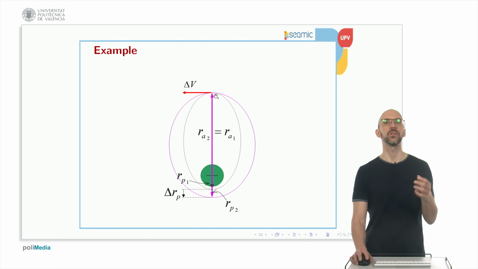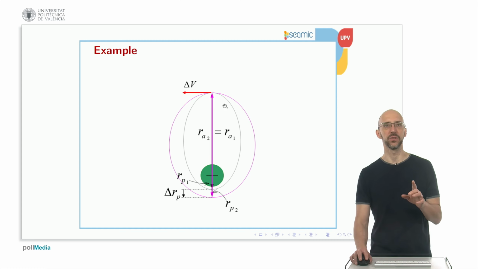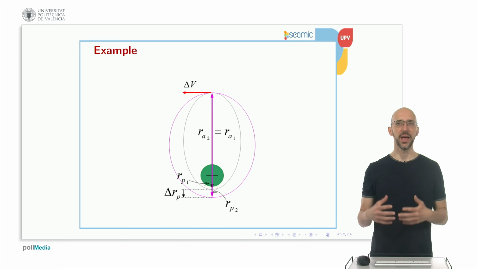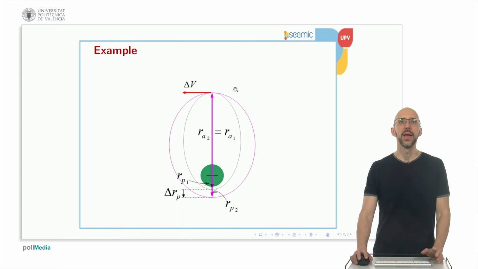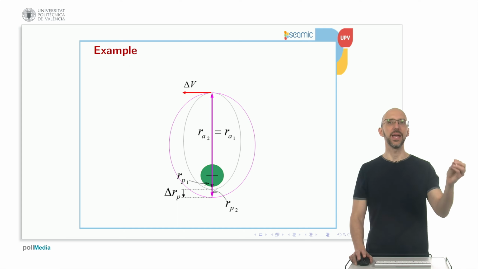And we will come back to this point exactly. Applying an impulse in here makes the perigee increase a little bit. By the way, we are moving in this direction, so the impulse I'm doing is exactly in the same direction the satellite is moving. So, we have the radius of the apogee for the initial orbit, the black one, and the pink one, the final orbit. The radius of the apogee is exactly the same, and we denote it like RA.